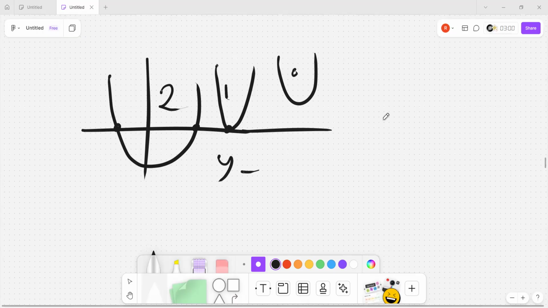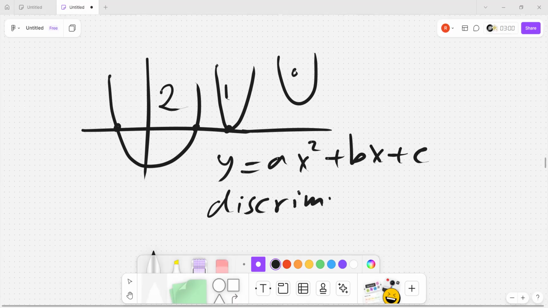If it's written in the form y equals ax squared plus bx plus c, we have something called the discriminant. The discriminant formula is b squared minus 4ac.